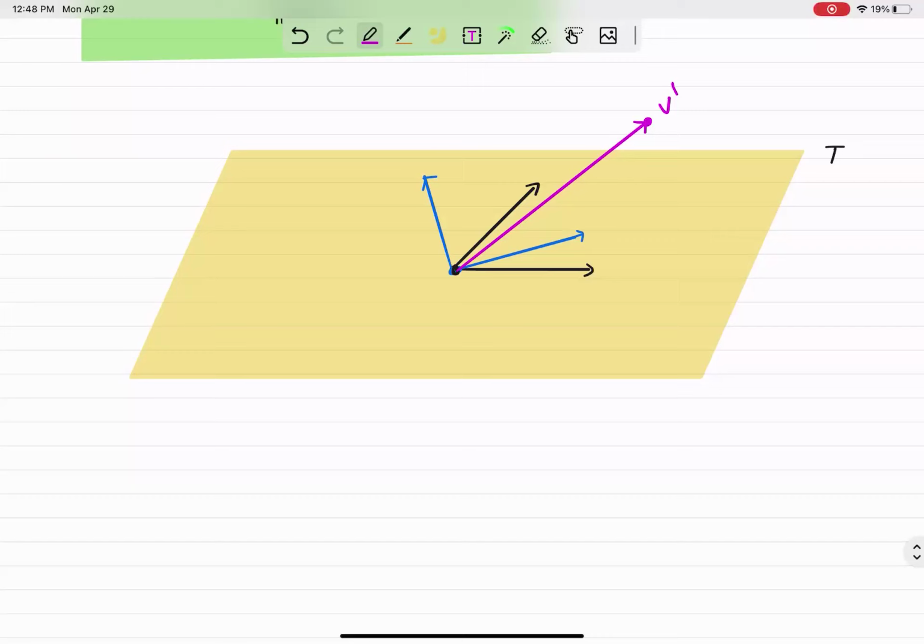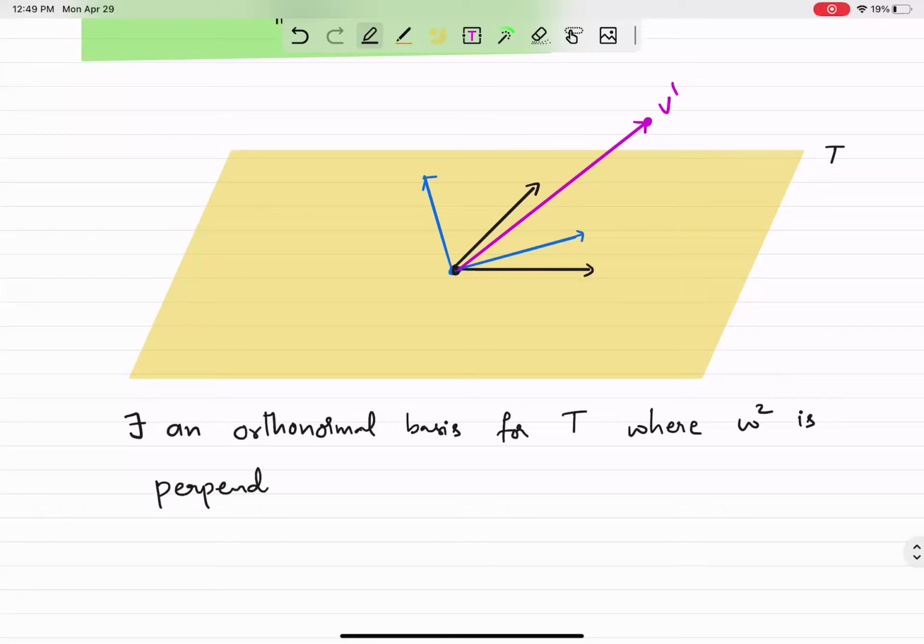So my claim is that there exists an orthonormal basis for T where W2 is perpendicular to v1.